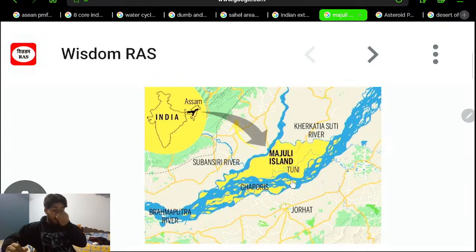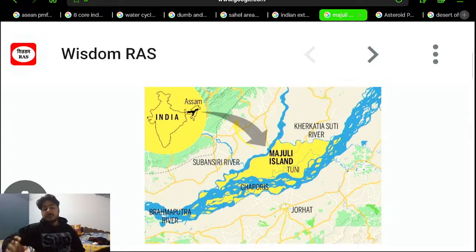ठीक है ना. In Assam, some region has plain area, and this plain area is responsible for decreasing the flow of the water. So this flat riverine area slows the rate of flow of the water, and hence creates Majuli Island because of the deposition of sediments.